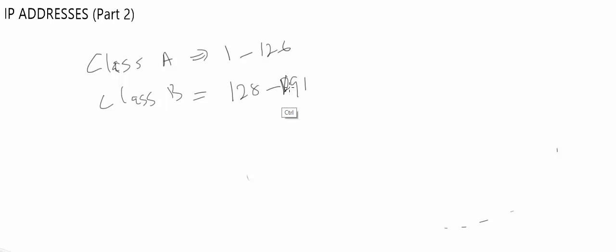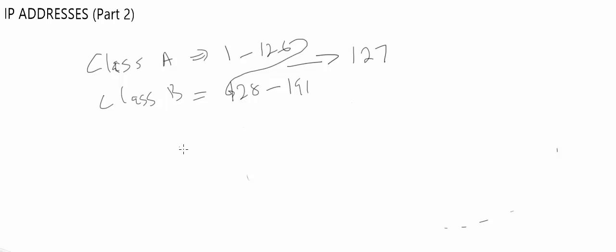When I wrote my class A IP address, I said anything that has 1 to 126, and my class B, anything that has 128 to 191. Something is missing between 126 and 128. Yeah, I got you: 127.